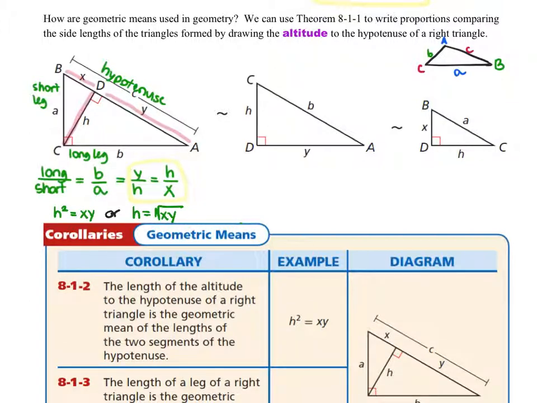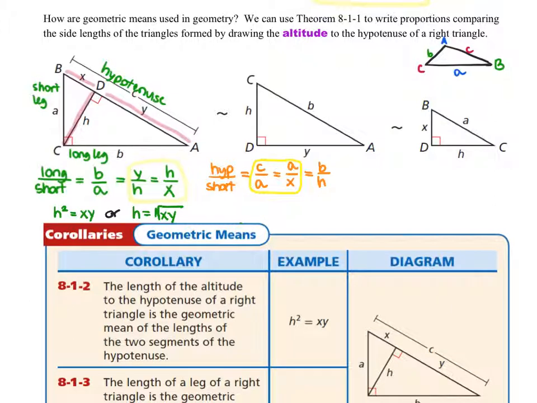Let's take a look at another relationship now. This time, let's look at the ratio between the hypotenuse and the short leg. We're going to start off with the big triangle again. On the big triangle, the hypotenuse is side C and the short leg is side A. I'm going to skip now to the small triangle. On the small triangle, the hypotenuse is A and the short leg is X. And then on the medium-sized triangle, the hypotenuse is B and the short leg is H. Once again, we see that A appears in two of these ratios.